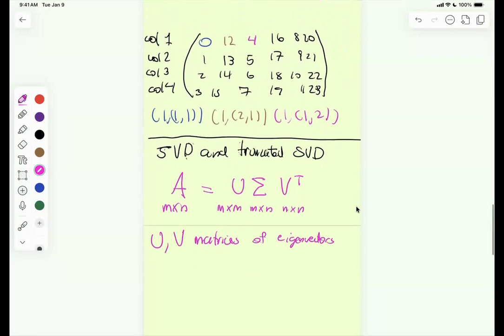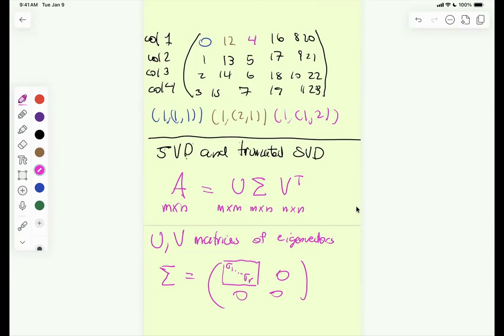And sigma, as you remember, is mostly a bunch of zeros, except for the main diagonal where you have the non-zero singular values, and then there are zeros everywhere. So sigma 1, sigma 2, up to sigma r, where r is the rank of the matrix.